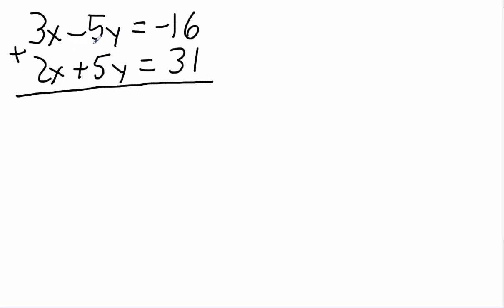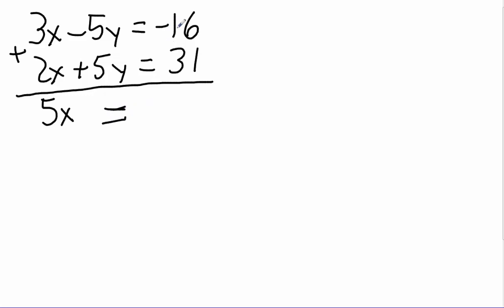The biggest thing here is when you add the equations together, always combine like terms. So if we have a 3x and a 2x and we are adding them, that is going to become a 5x. Negative 5y plus a positive 5y becomes a 0y. I'm not going to write it because, well, 0.